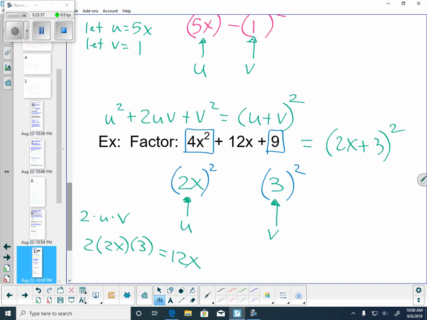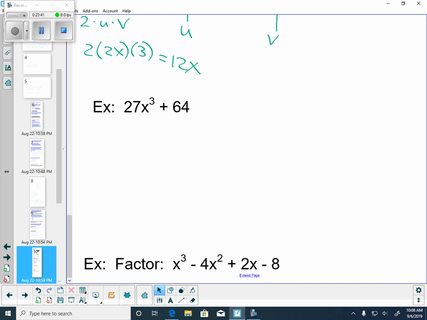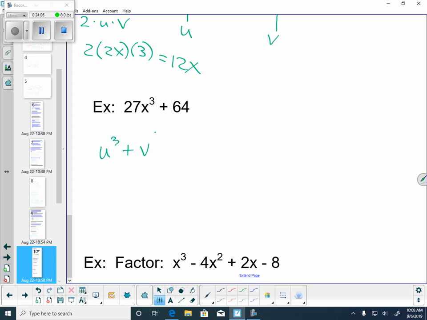All right, that brings us to this guy, 27x cubed plus 64. For that one, I think we're all going to have to look back at page A29. It says there are 2 formulas there, a sum of 2 cubes formula and a difference of 2 cubes formula, which means that we can factor something of the form u cubed plus v cubed.